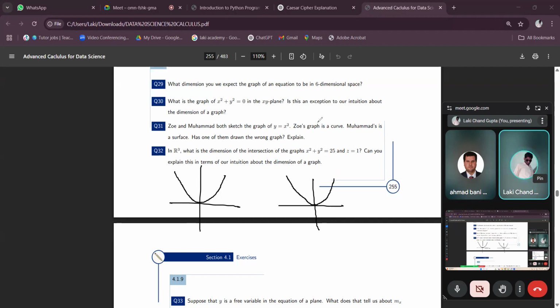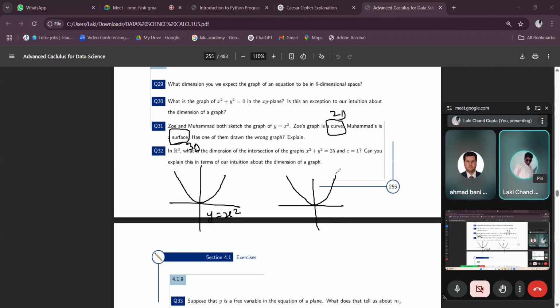It is saying that one has a curve and one has a surface. Whenever the word surface comes, it means 3D, and curve is 2D. Yes, this is 2D.